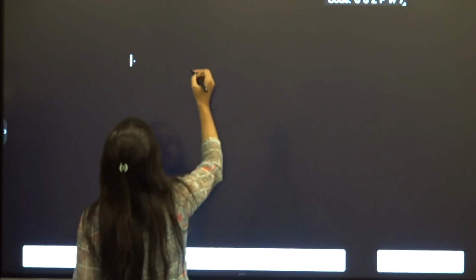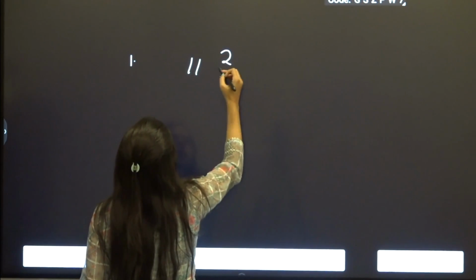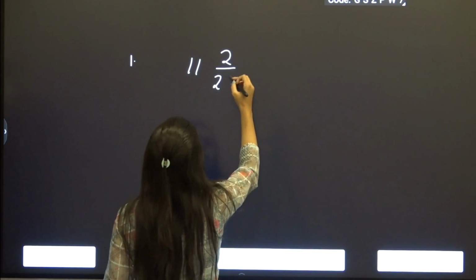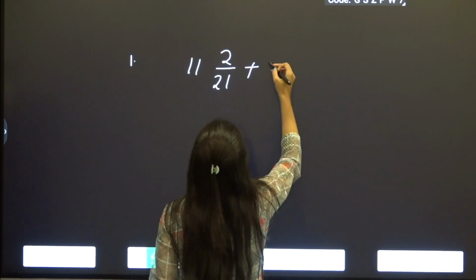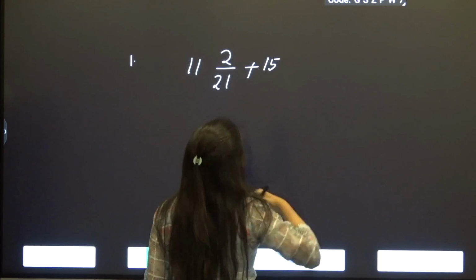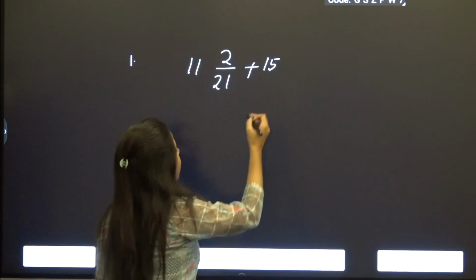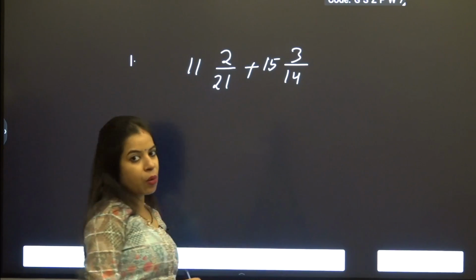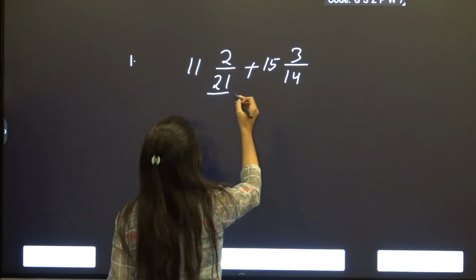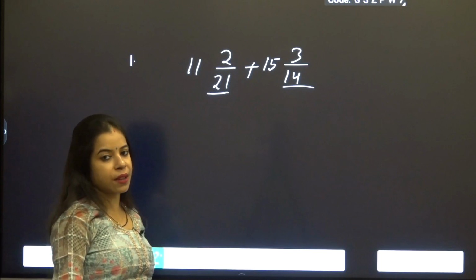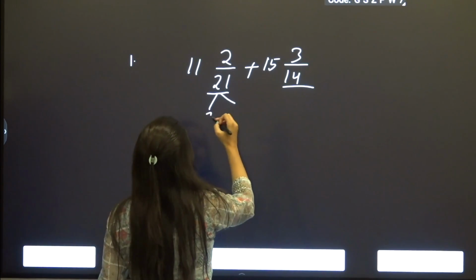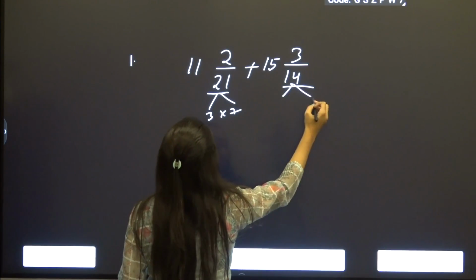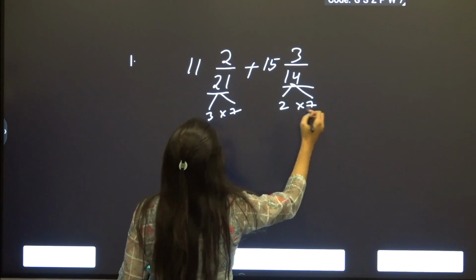Again, let us consider an example where we have the fractions but they have a common factor. Let's say we have 11 2 by 21 plus say 15 3 by 14. Now what we can say is 21 and 14 have a common factor 7. 21 can be written as 3 into 7 and 14 can be written as 2 into 7.